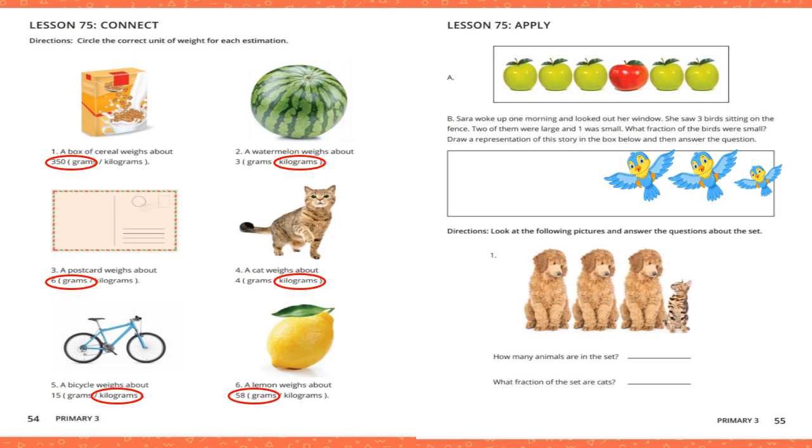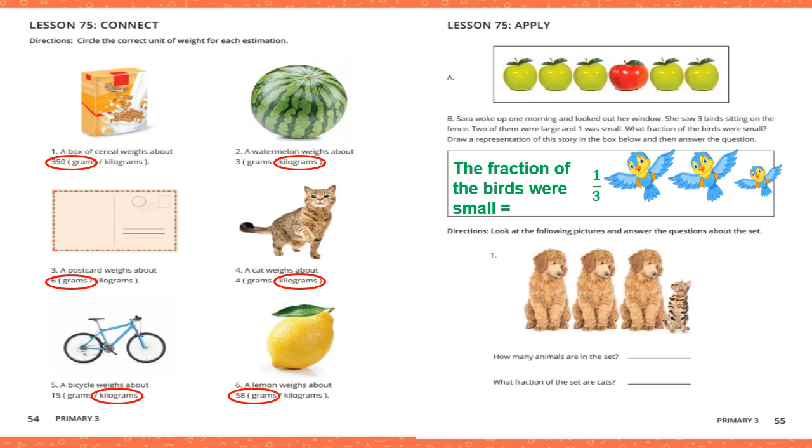I want the fraction of small only. The total birds are 3, and the total we write down in the denominator. The fraction of the small only is 1 over 3. 1 small bird out of 3 birds.